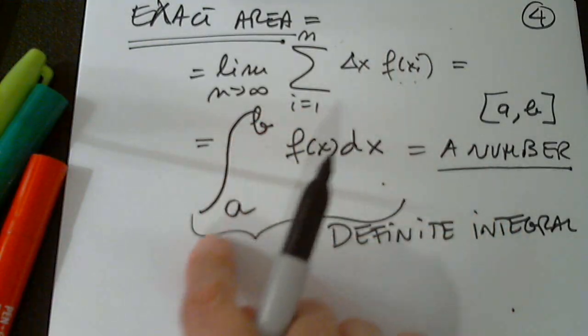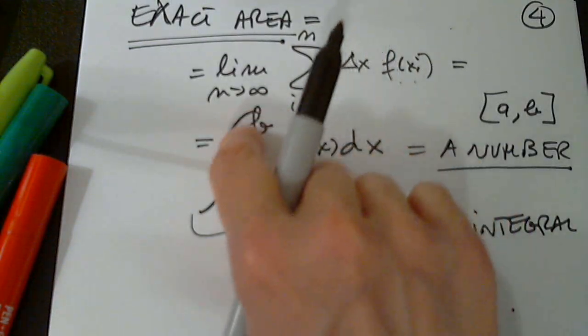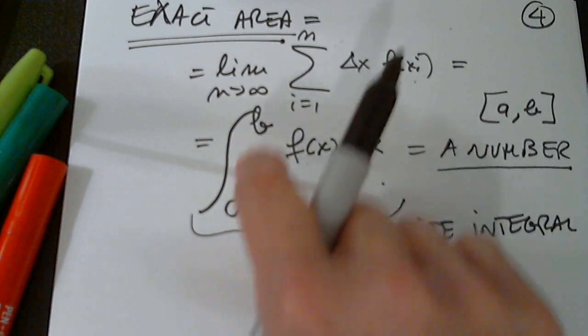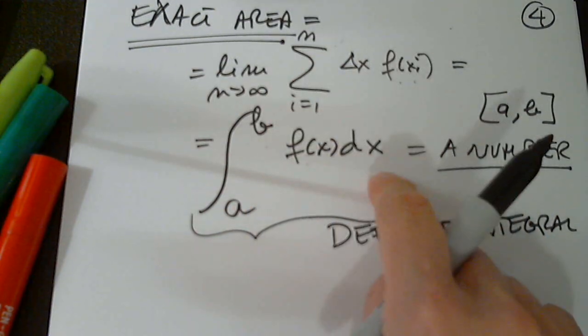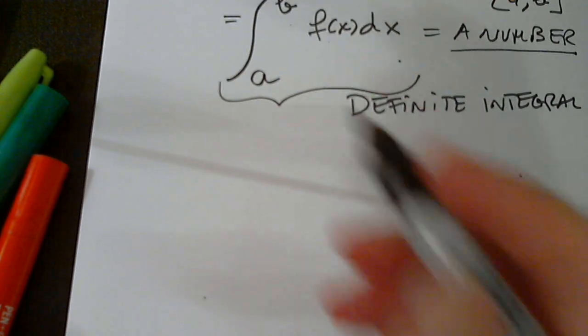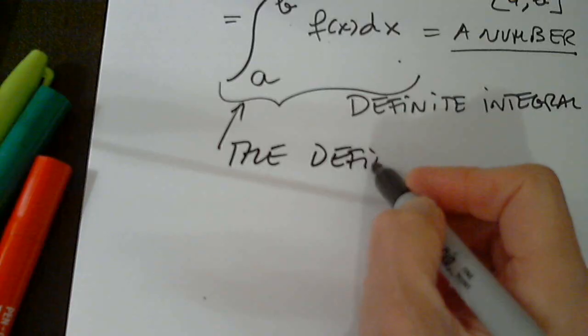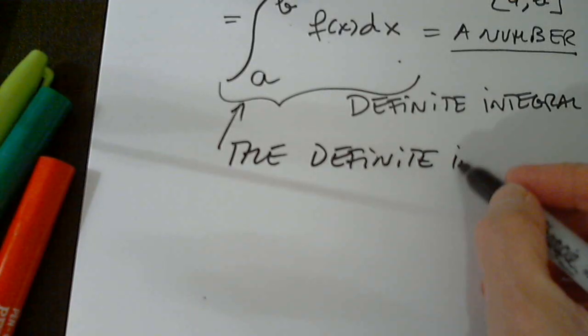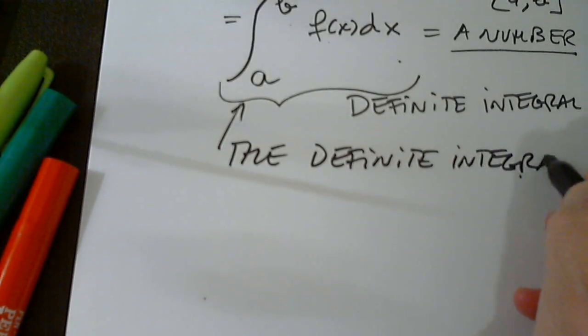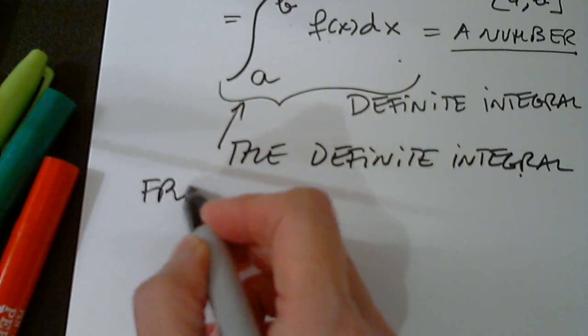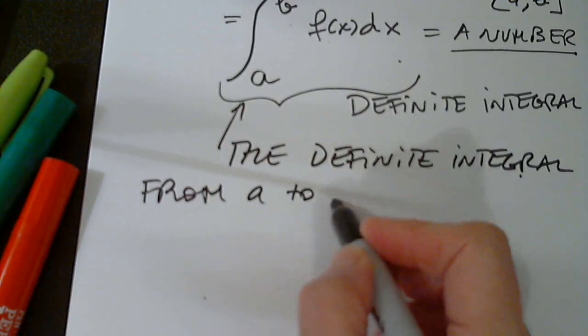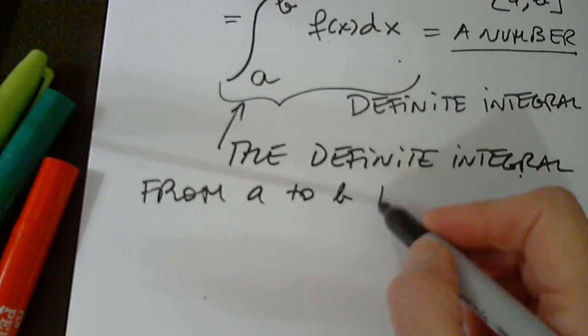The definite integral, I'm going to write this down. The definite integral from a to b of f of x dx. So let me write this down for you. The definite integral from a to b of f of x dx.